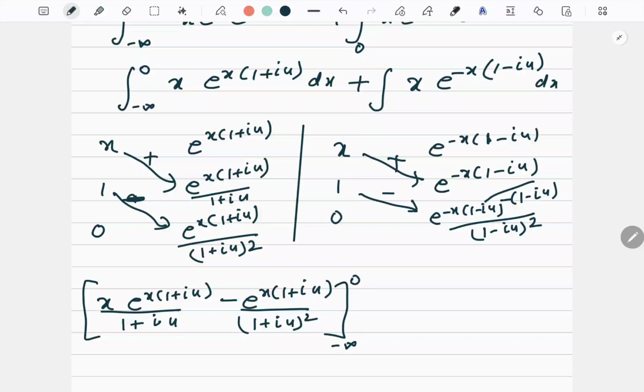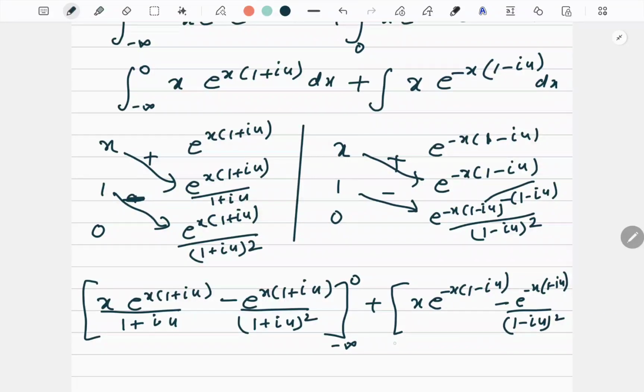minus infinity to 0, plus this side it is x e to the power minus x (1 minus iu), minus e to the power minus x (1 minus iu) upon (1 minus iu) square.